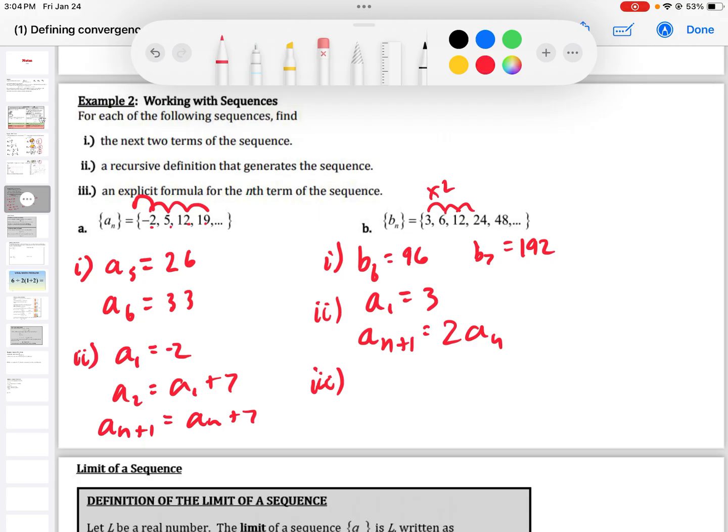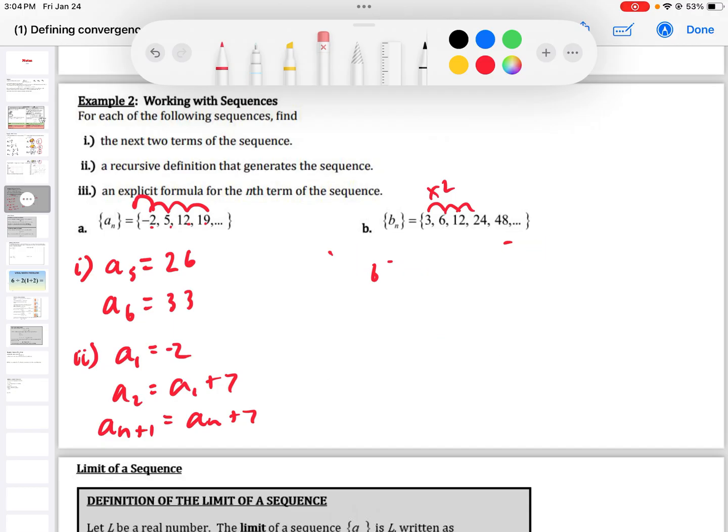The explicit was really nice. So let's think. I'm going to erase, I need some room to think here. We want to write an equation where I can plug in an n number and it would pop out that nth term. So I'm going to say a sub 1 is equal to 3. A sub 2 is equal to 3 times 2.